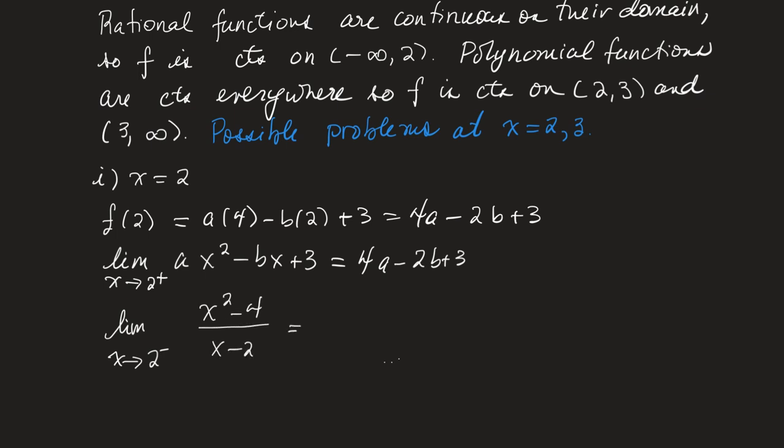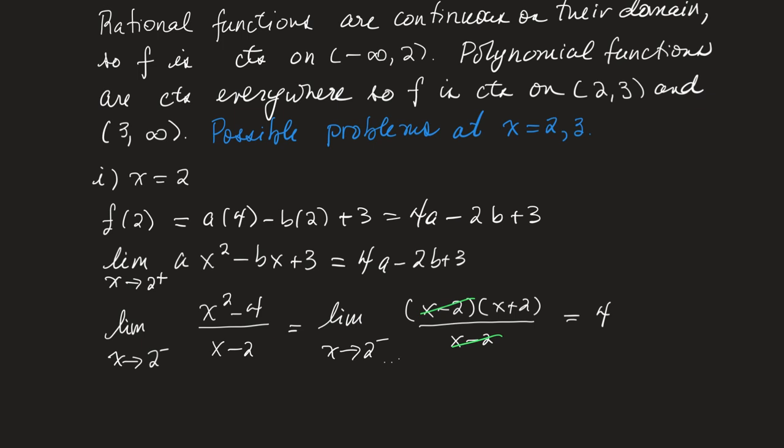If I evaluate, I get type 0 over 0, which is an indeterminate form. So I'm going to factor the numerator. Those common factors cancel, and I get 4.